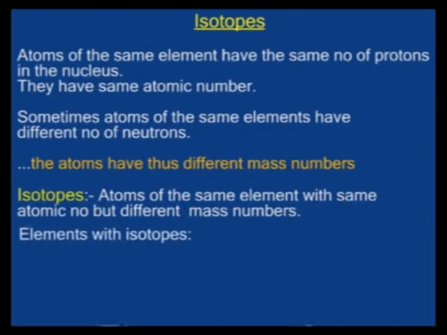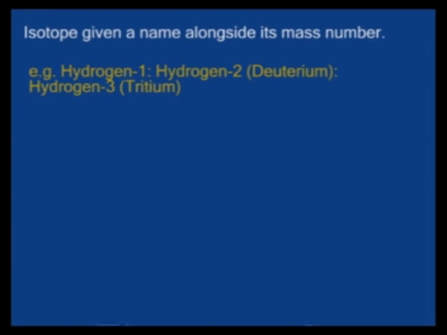Elements that have isotopes include hydrogen, carbon, oxygen, chlorine, among others. The isotope is given its name alongside its number. For example, hydrogen has 3 isotopes with mass numbers 1, 2, and 3.